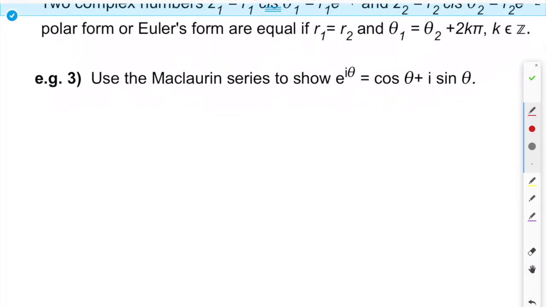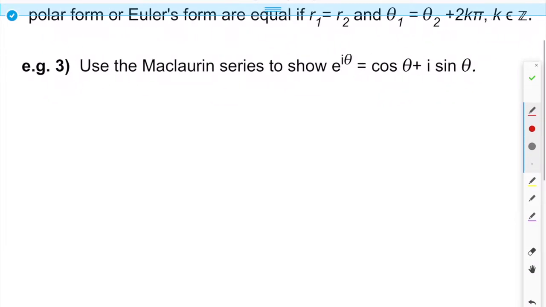Let's recall first, what does the Maclaurin series of e to the power of x look like? You can use a formula booklet also to give you a hand. It is x to the power of k over k factorial in this form.